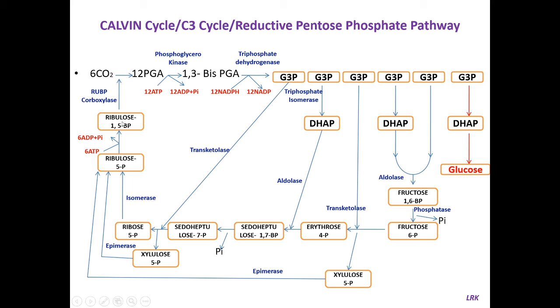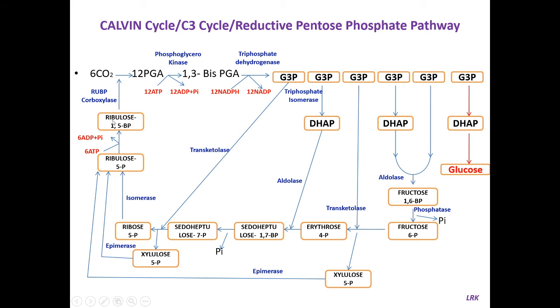See, each glucose has 6 carbons, so we need 6 carbon dioxides for the formation of a single glucose molecule. For these 6 carbon dioxide molecules, the primary acceptor is ribulose 1,5-bisphosphate.